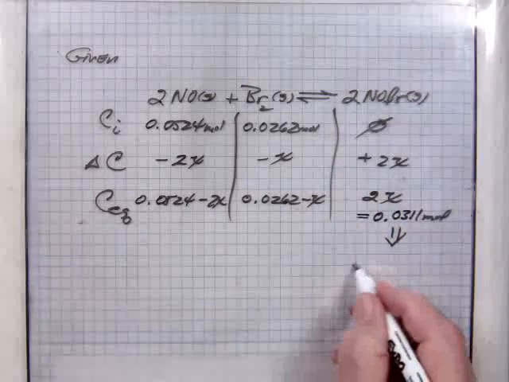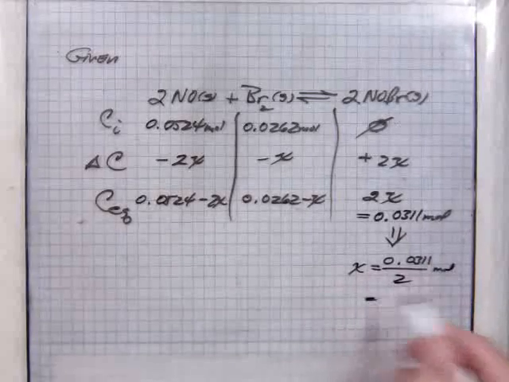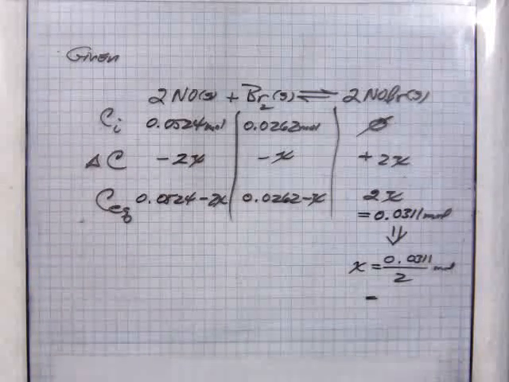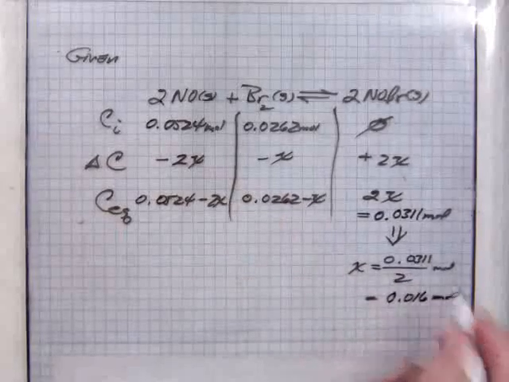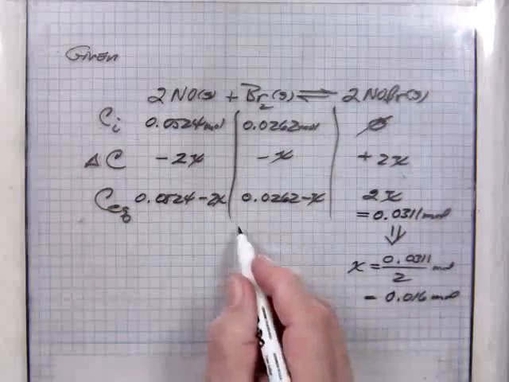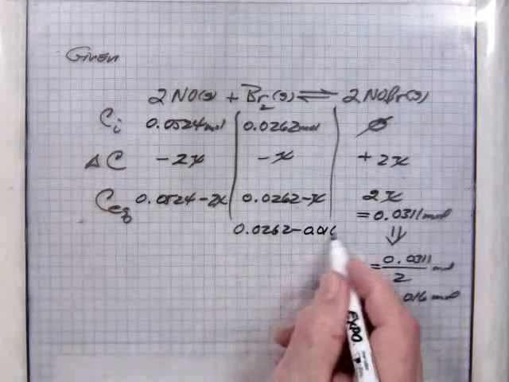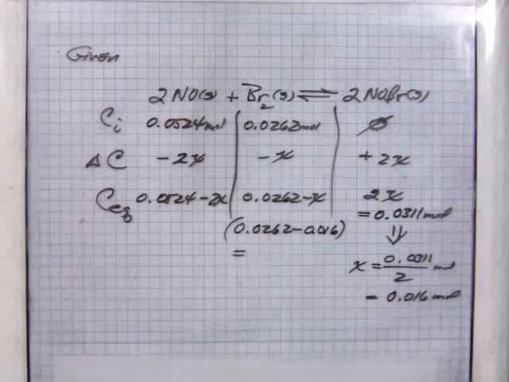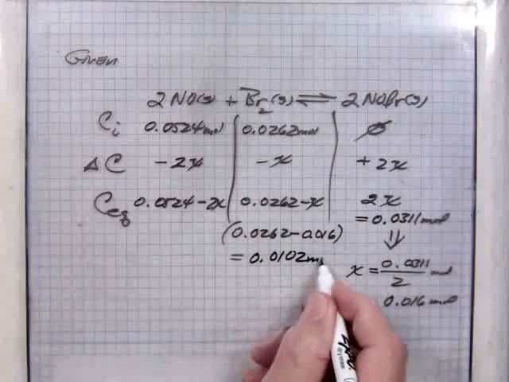So X equals 0.0311 over 2, which is 0.016 mole at equilibrium for the NOBr, and so this one would be 0.0262 minus 0.016 mole. And I get 0.0102 mole at equilibrium.